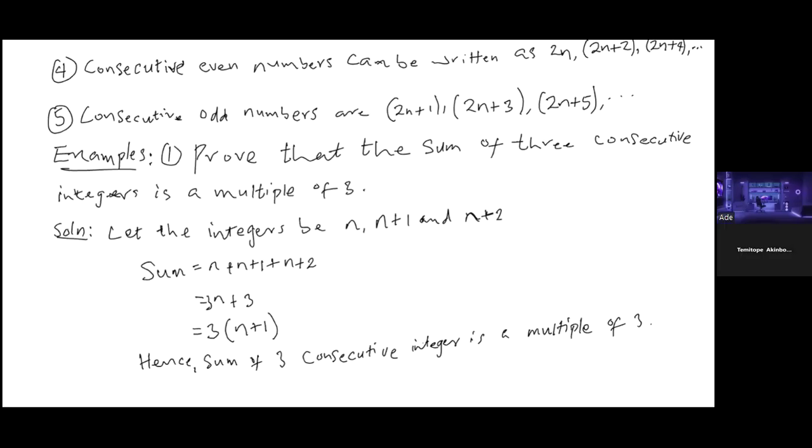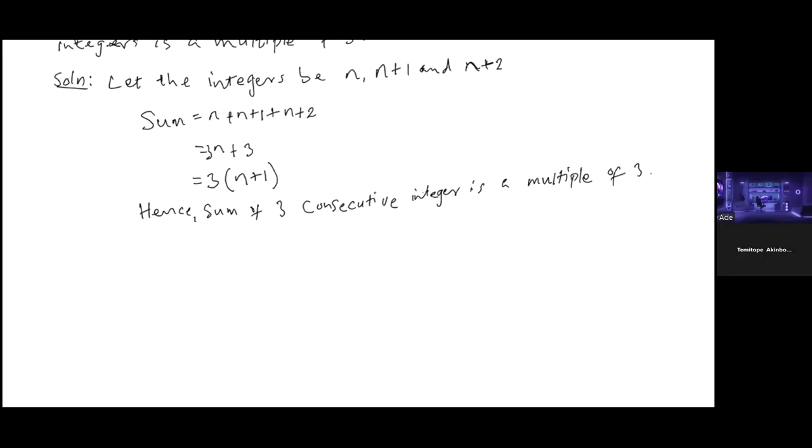I'm done. Okay. Now let's see an alternative way of doing this same problem. So I can say let the consecutive integers be n minus 1, n, n plus 1.